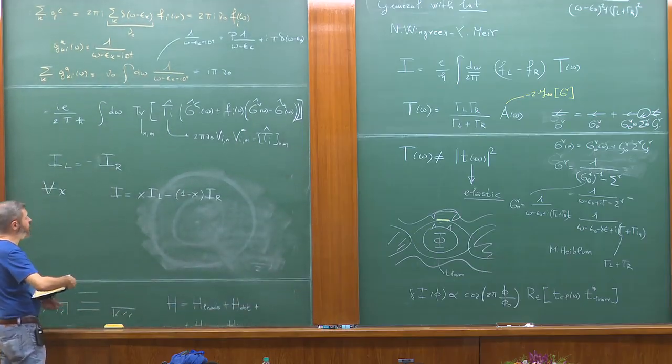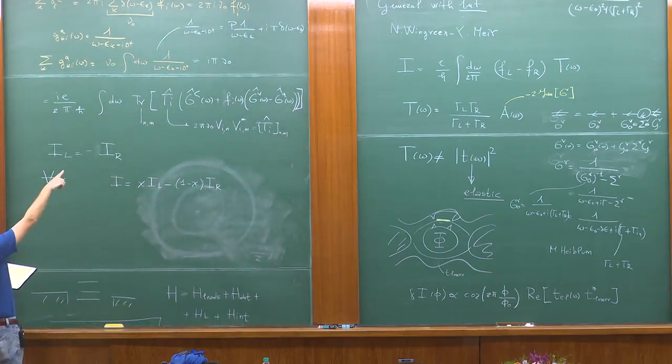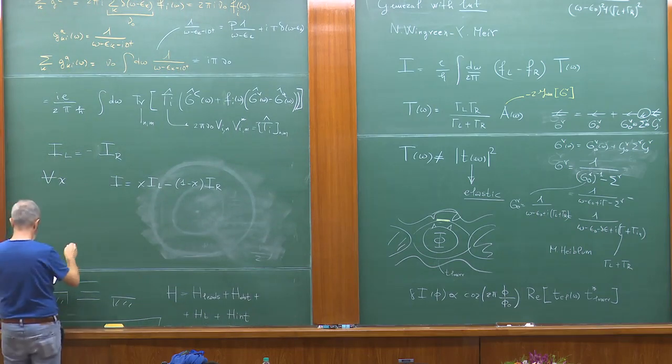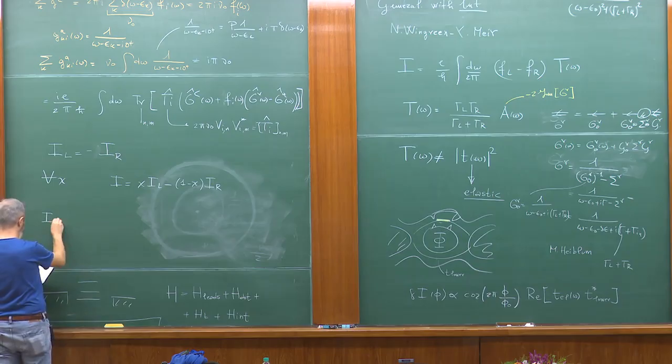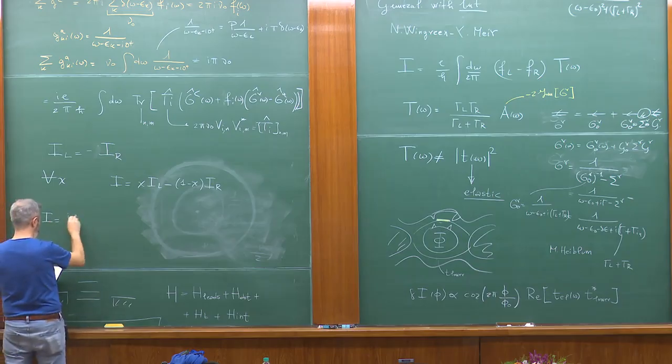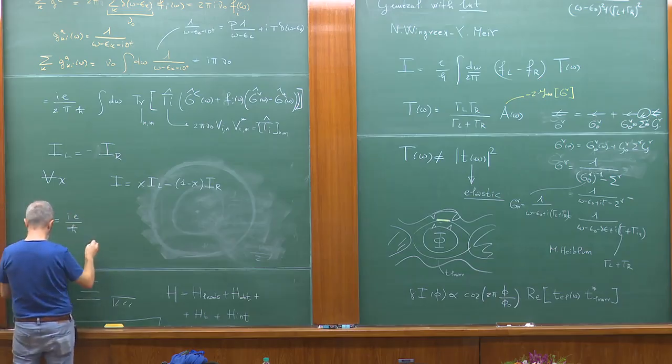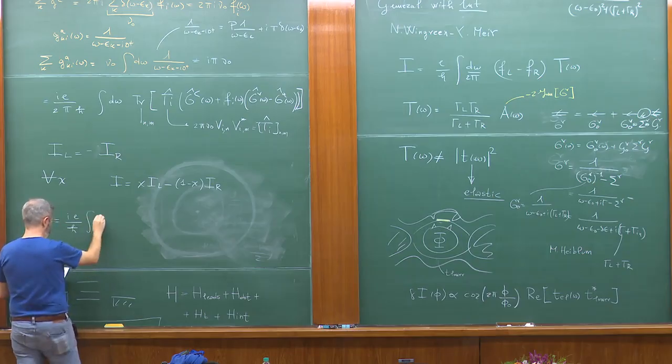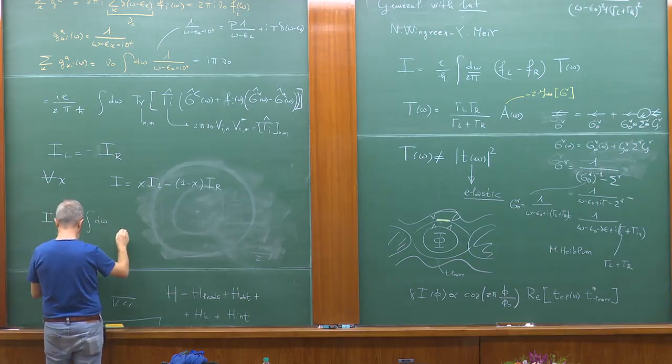Now let me use those expressions there for I left and I right. So what I get is that the current is equal to i times e divided by h bar times integral d omega.